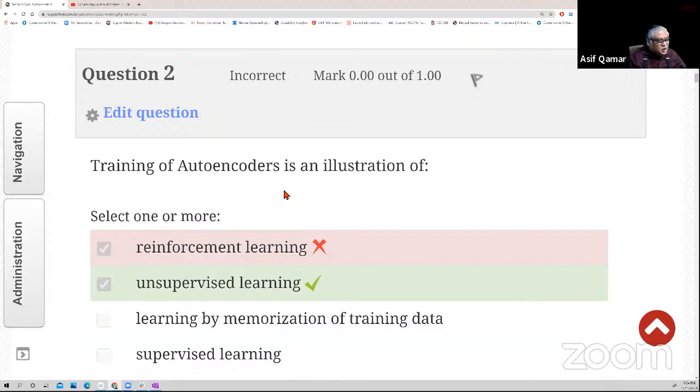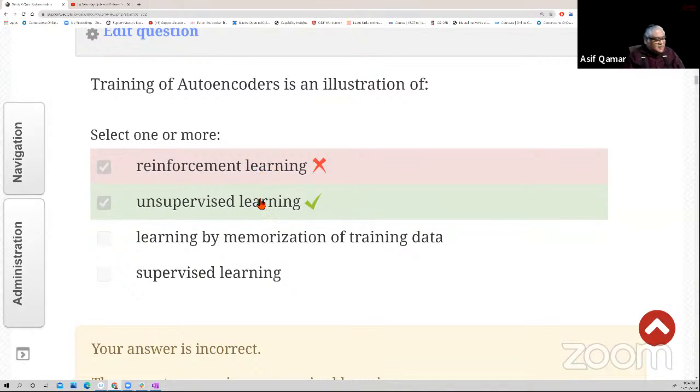So training of the autoencoders is an illustration of reinforcement learning, unsupervised learning, learning by memorization, and supervised learning. Now, notice that I didn't give you a choice, self-supervised learning. Okay? If I had given you the choice, self-supervised learning, then that would have been your best choice.